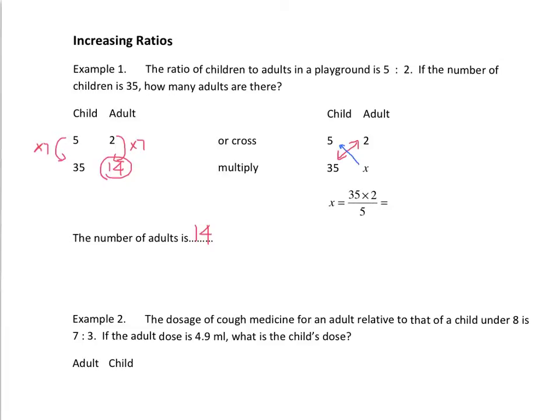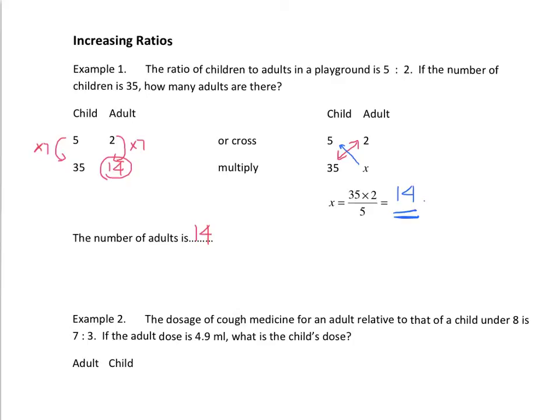So again, the two diagonal numbers, 2 and 35 multiplied and then divided by the number diagonally opposite the x. So 35 times 2 divided by 5, well, if you pop that into your calculator, that will give you also an answer of 14. So either way you get the same answer.